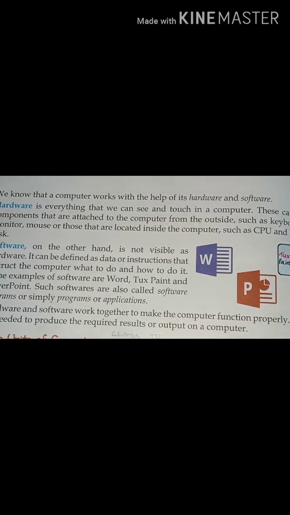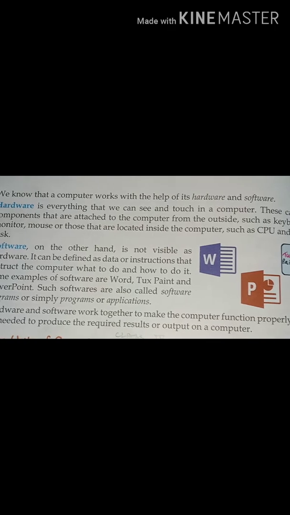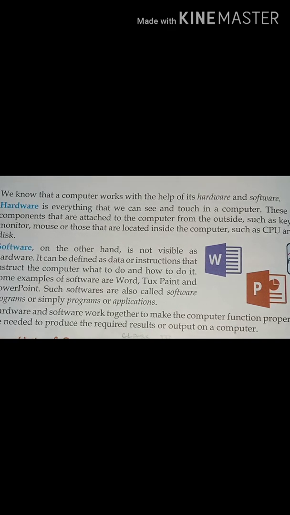We know that computer works with the help of hardware and software. As the name shown, hardware. Hardware is everything that we can see and touch in a computer. कंप्यूटर के वो पार्ट्स जिनको हम लोग देख सकते हैं और जिसको हम लोग छू सकते हैं, टच कर सकते हैं.